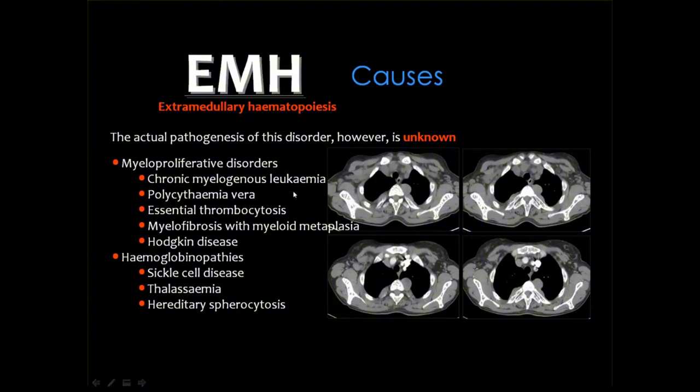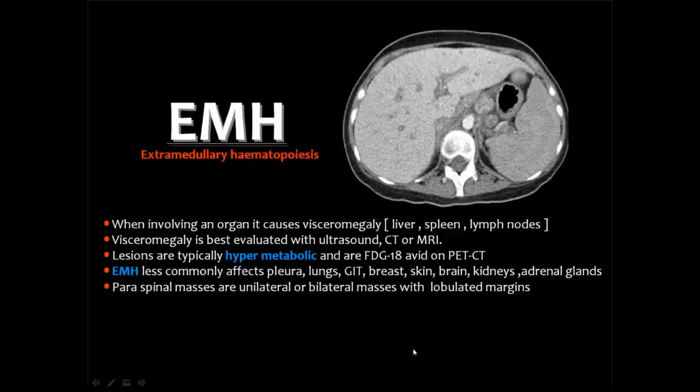In leukemia, in polycythemia vera, in essential thrombocytosis, in myelofibrosis and myeloid metaplasia, in Hodgkin disease, in hemoglobinopathies like sickle cell disease, thalassemia, and hereditary spherocytosis. All these lesions may present with extramedullary hematopoiesis as one of the imaging findings.